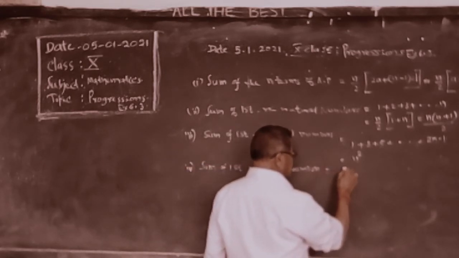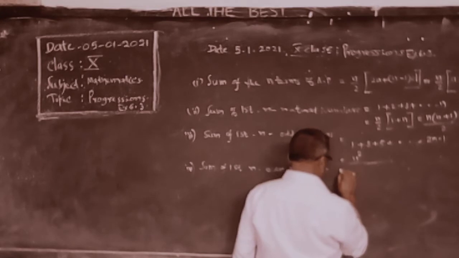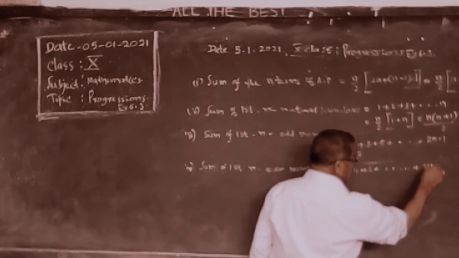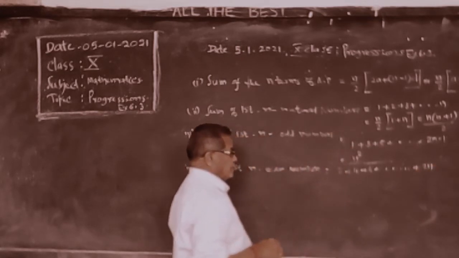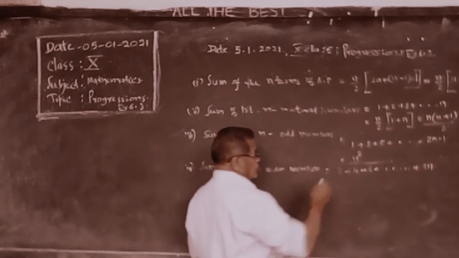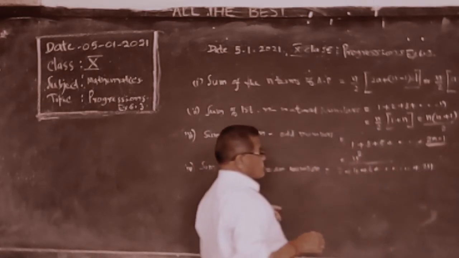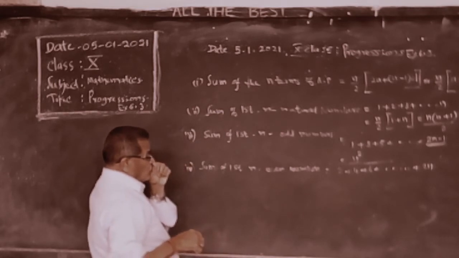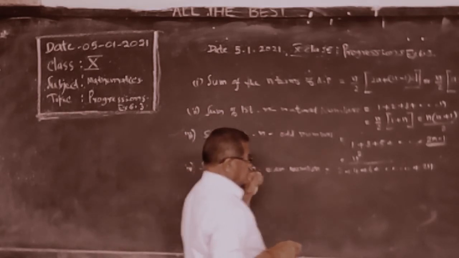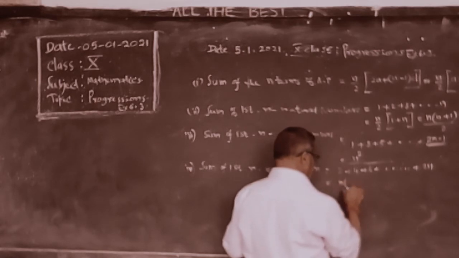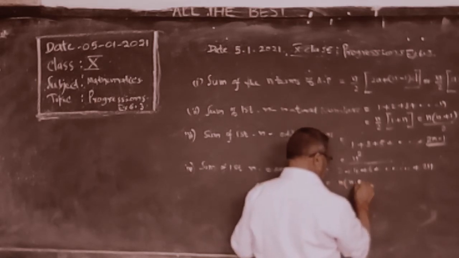Even numbers means 2 plus 4 plus 6 plus up to the last term 2n. The last odd number is 2n minus 1. Now this is n of (n plus 1).